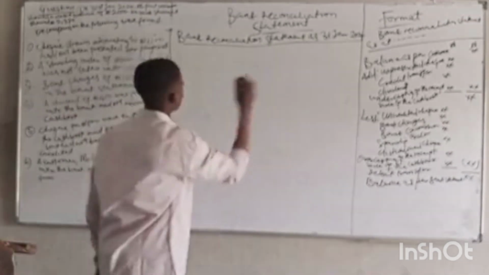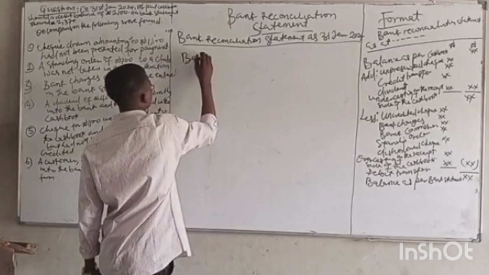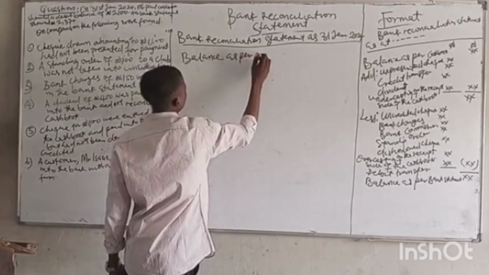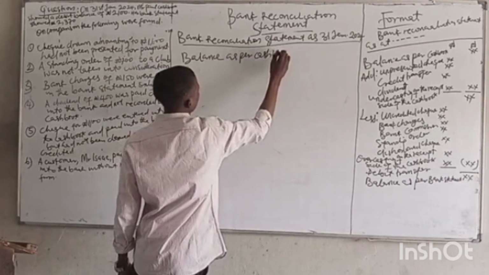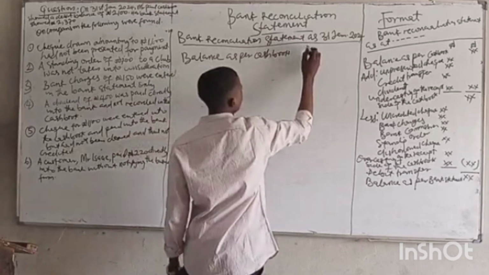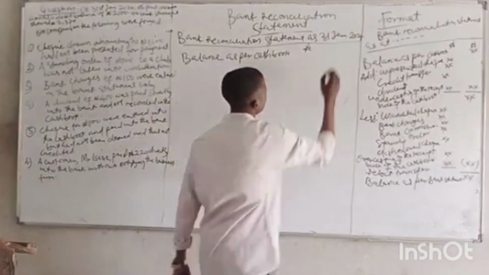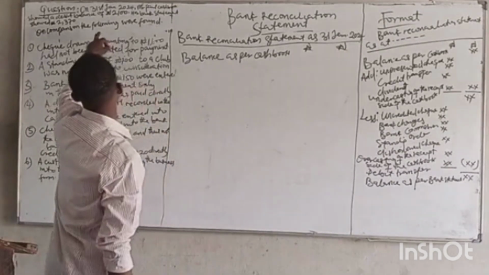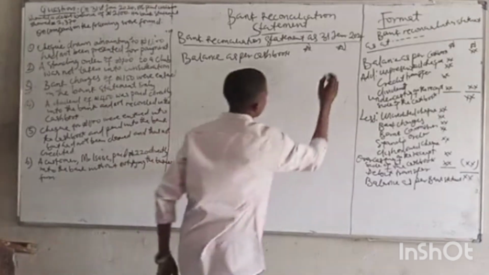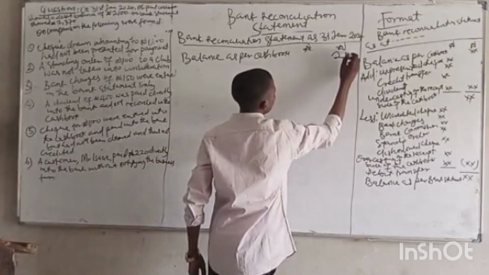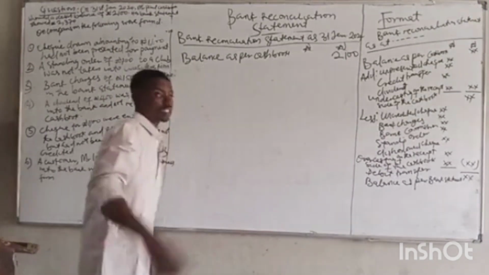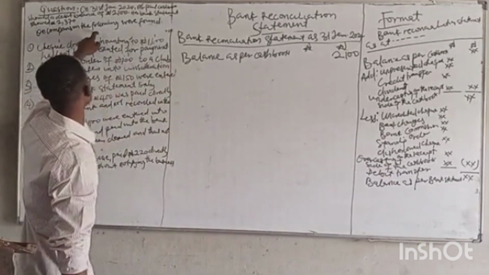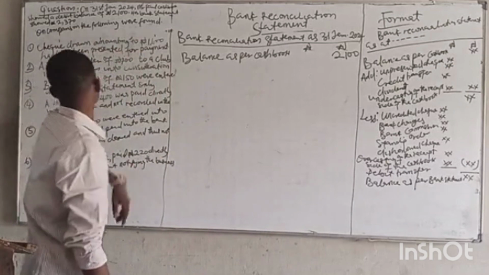We start with balance as per cash book. Put your naira sign. The balance as per cash book is 2,100 naira.